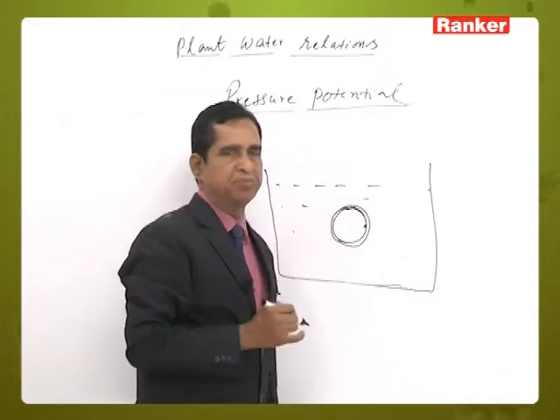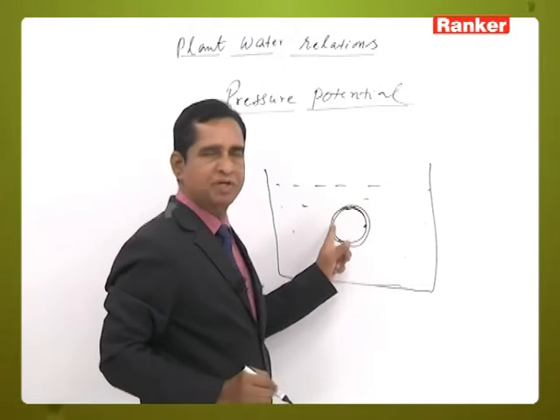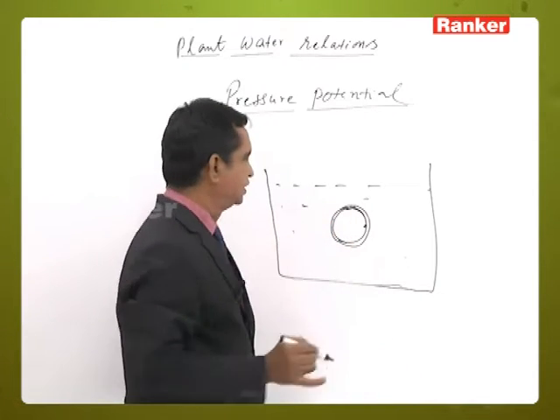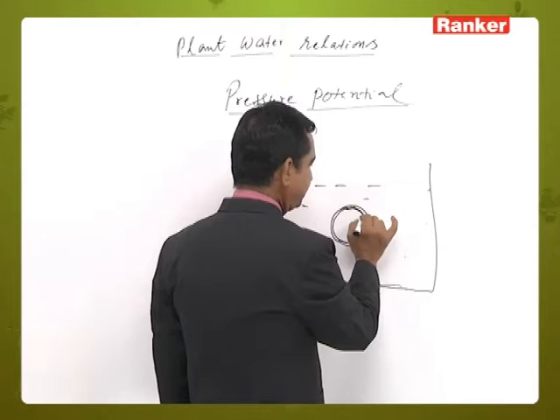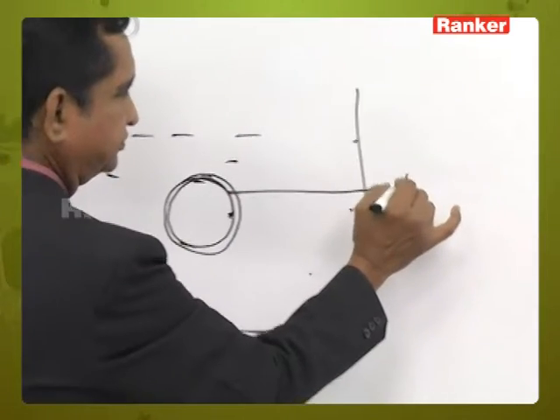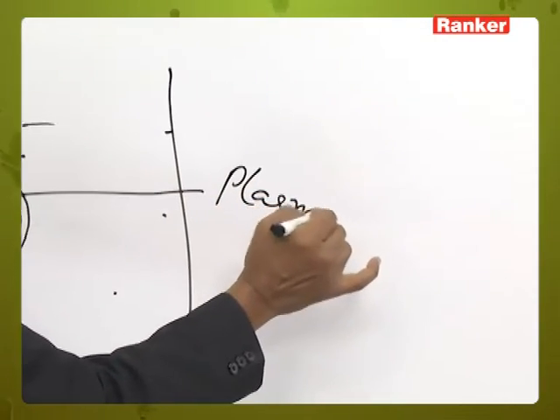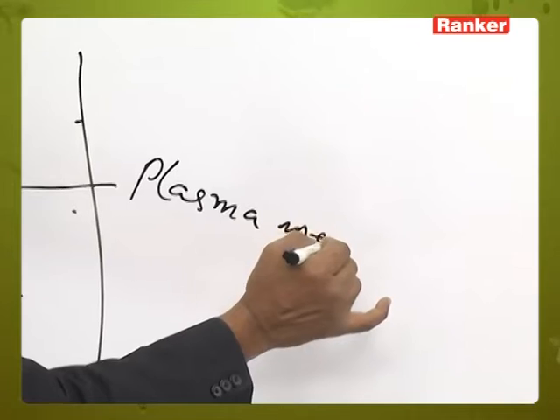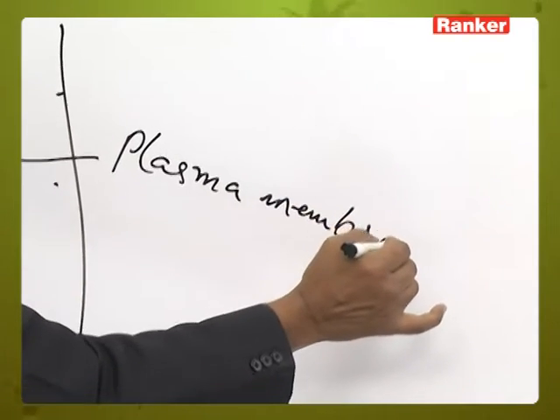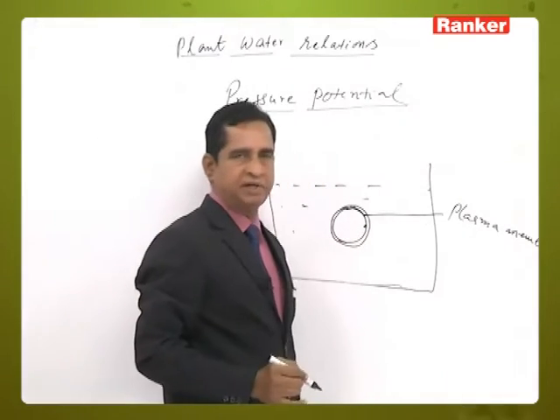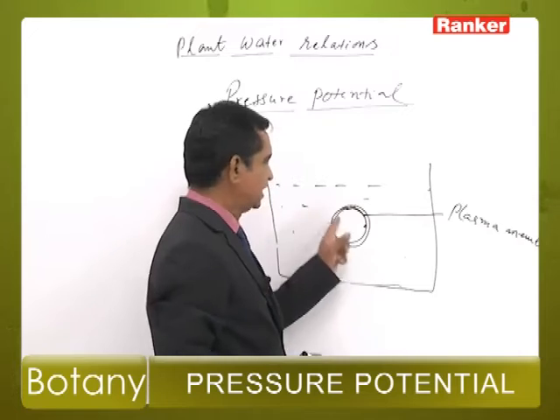If it is a plant cell, it has a cell wall. If it is an animal cell, there is no cell wall, but only a membrane, that is the plasma membrane. Every living cell is bound by the plasma membrane.